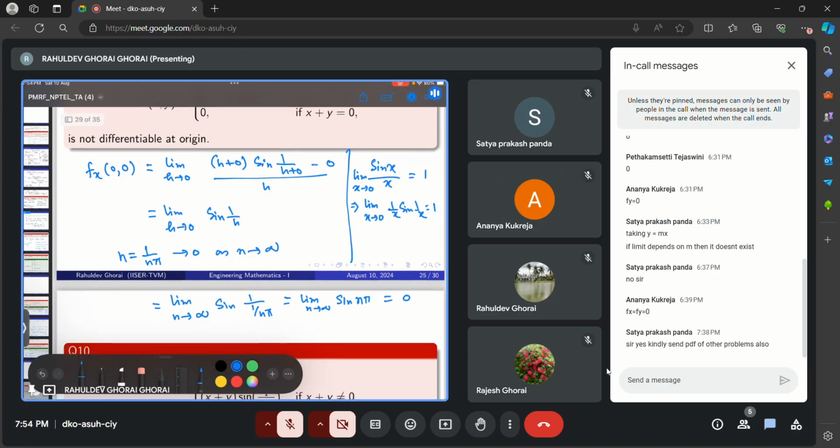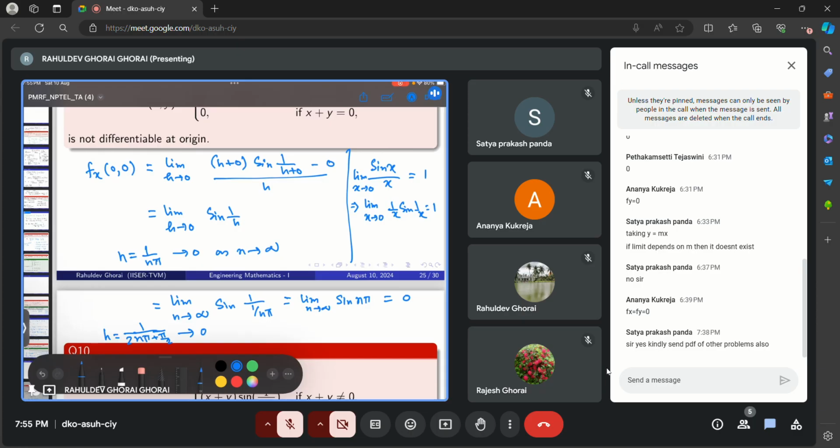But the interesting thing did not come yet. If you take h equal to 1 over 2n pi plus pi by 2, that also is going to 0 as n tends to infinity.